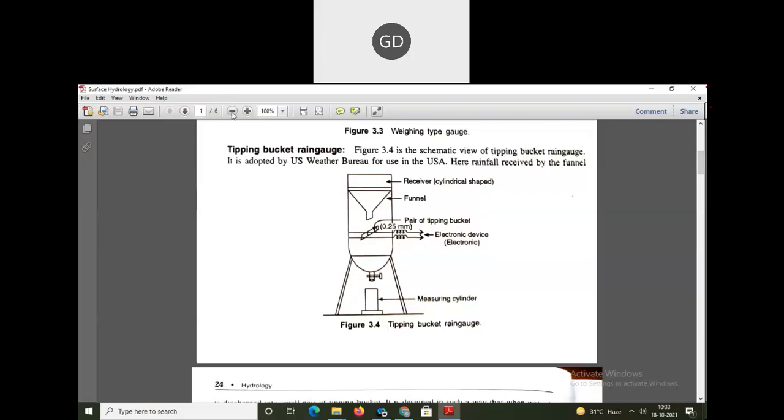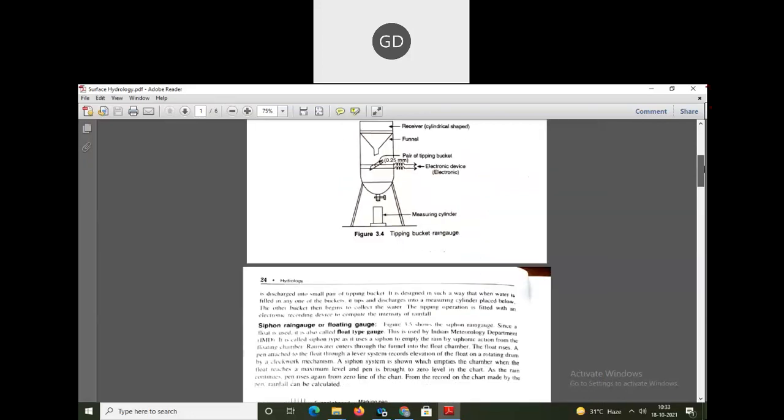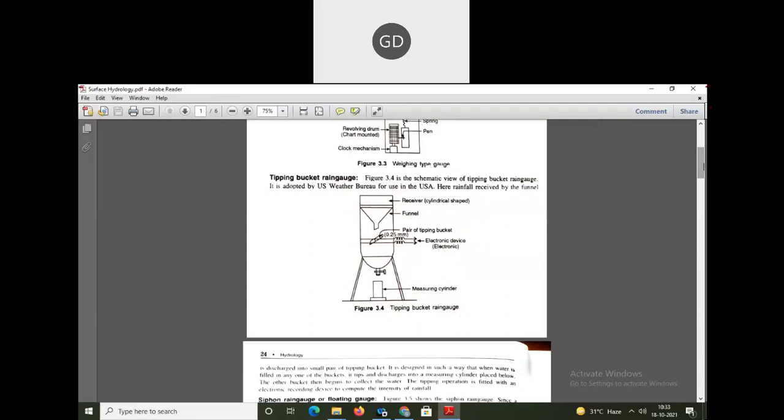Basically, whenever the rainfall comes, it enters the funnel. It is first received by the funnel. Then it goes down to the pair of tipping buckets.